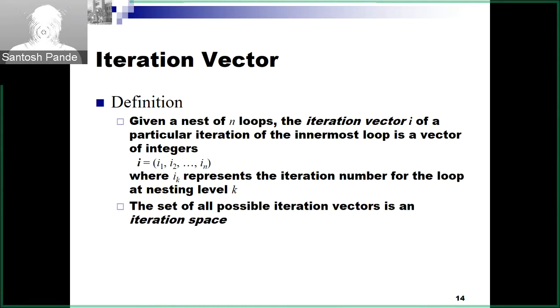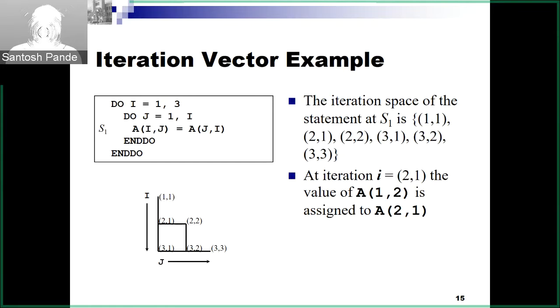As you know, the loop executes as given by the sequential semantics, the outermost loop executing and then going into the inner loop and so on. And so it generates different iteration vectors during the execution, and the set of all of these is called the iteration space. So we are looking at this example, which is fairly easy to understand.